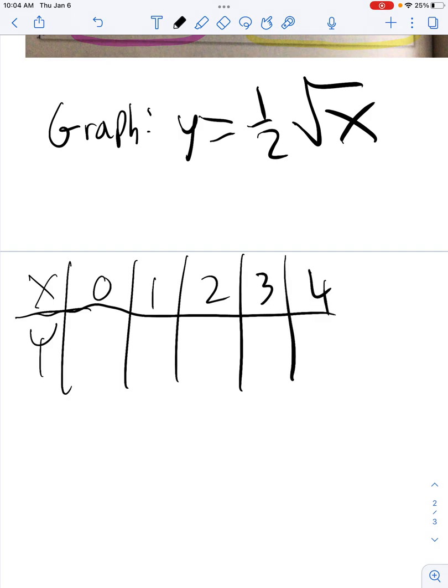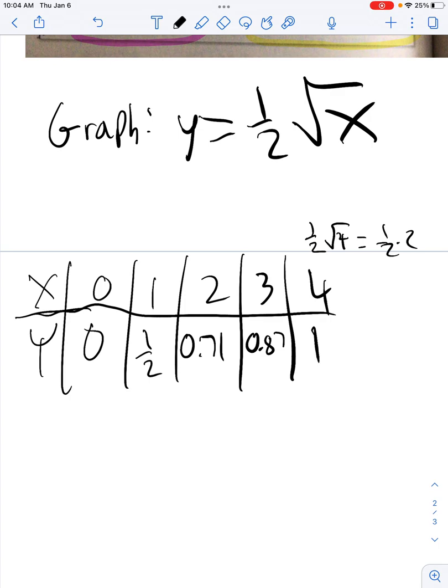And I would say, okay, if x is 0, y is going to be 0 as well. If x is 1, y is going to equal 1/2. If x is 2, y is 0.71. Again, I'd be using a calculator to get these numbers. And x is 4. So again, 1/2, the square root of 4. The square root of 4 is 2. So 1/2 times 2 gives me 1.